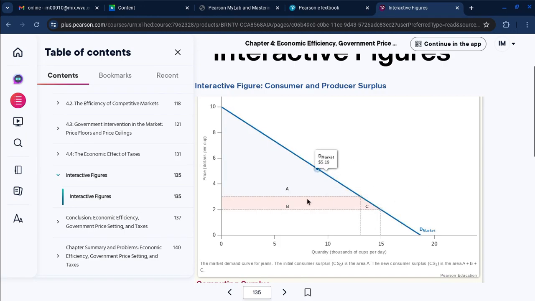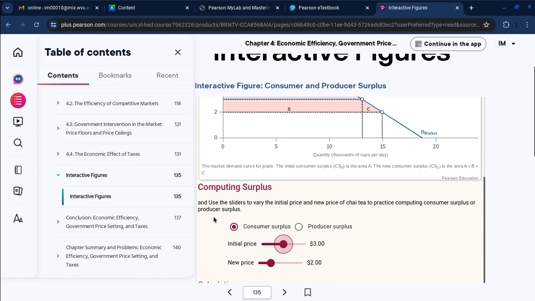What we see here is at the initial price of $3, we have a smaller area, and with a lower price more consumers are purchasing the product, and the consumers who are at this point in the demand curve, where they're willing to pay almost $10 for the chai tea, now have to pay even less money. So they're getting even more surplus, more benefit, when we compare the value they're willing to spend to the value they actually have to pay.